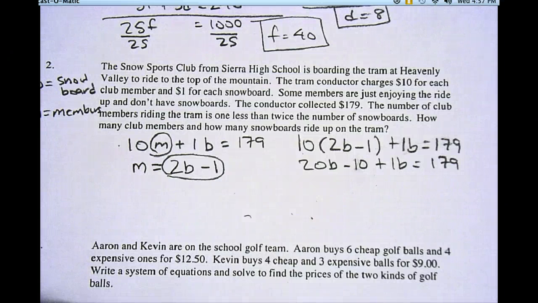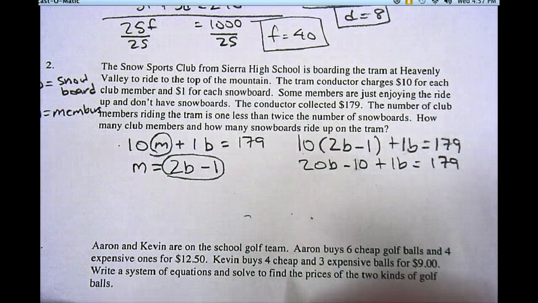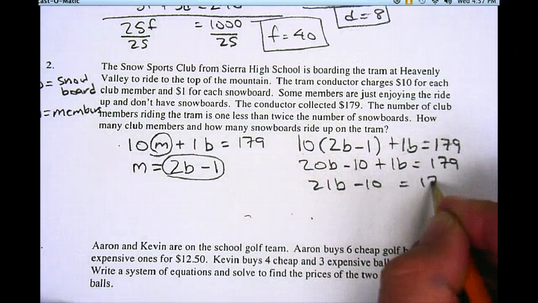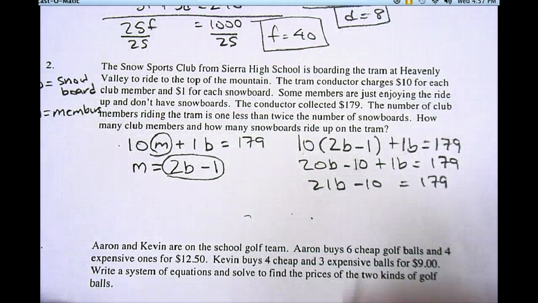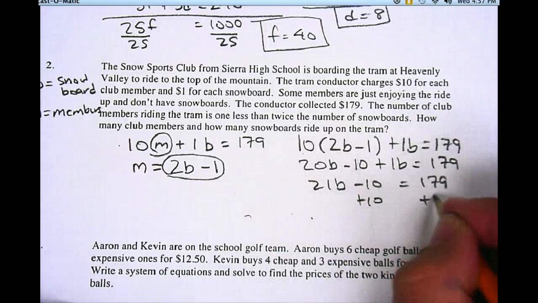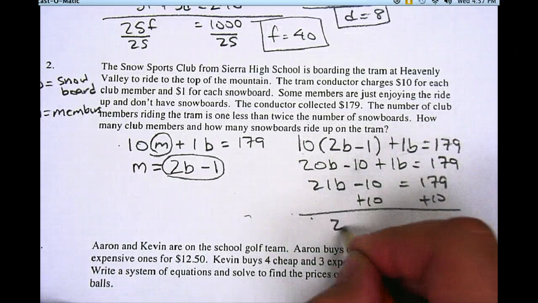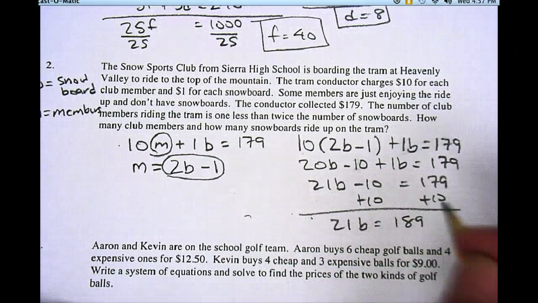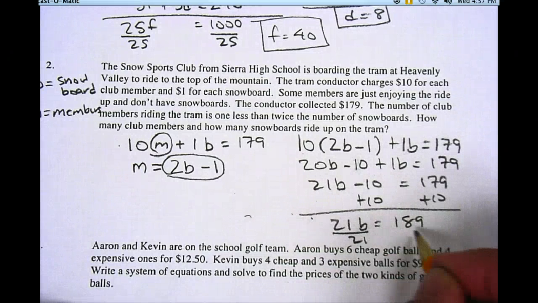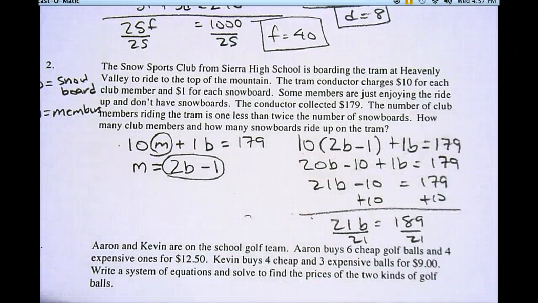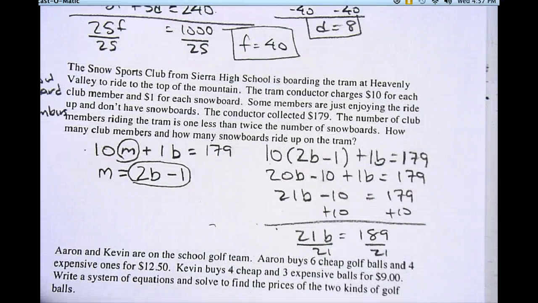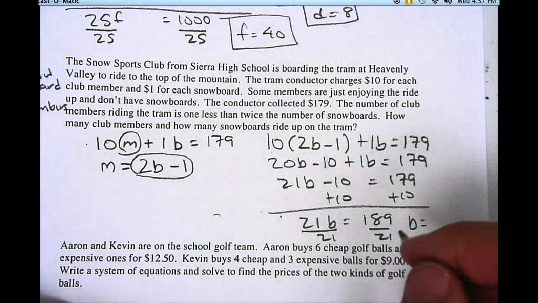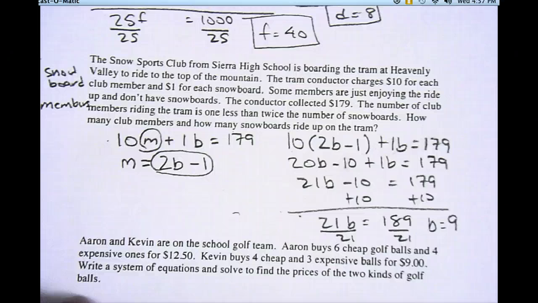If I combine my like terms on the left side, I get 21B minus 10 equals 179. If I add 10 to both sides, 21B equals 189. I'll divide both sides by 21, and I'm going to get B is equal to 9.